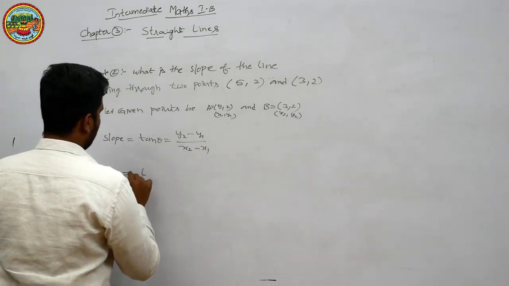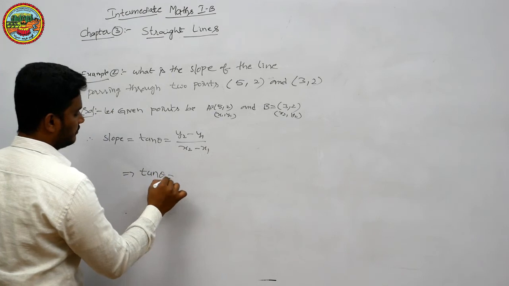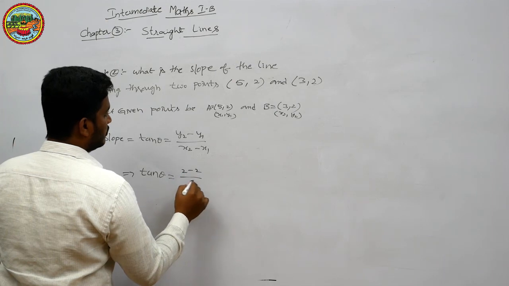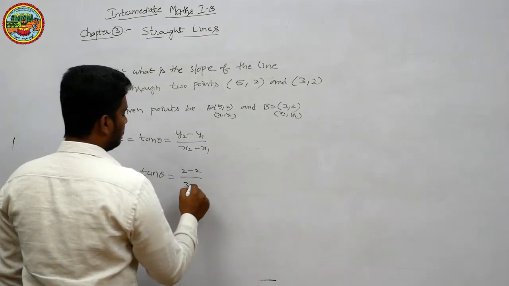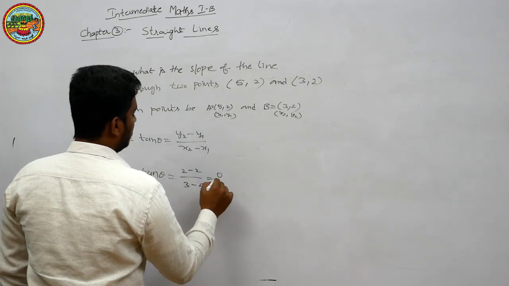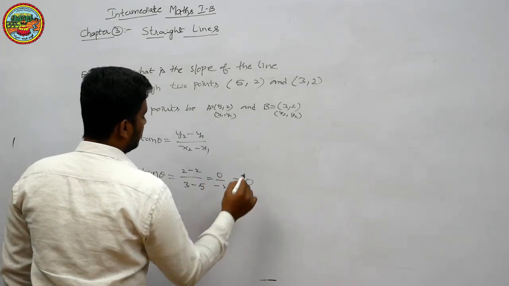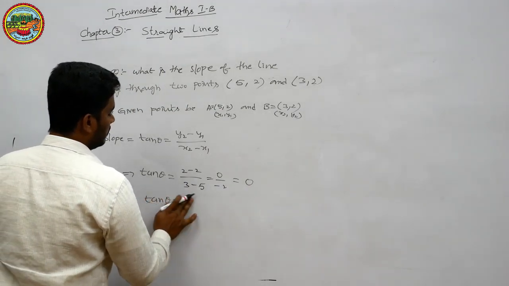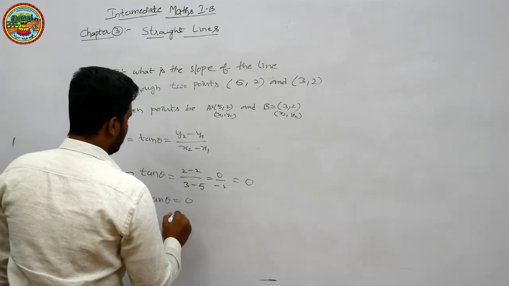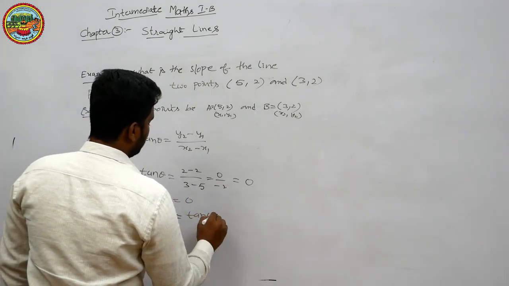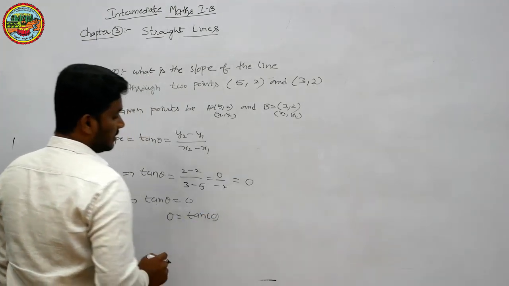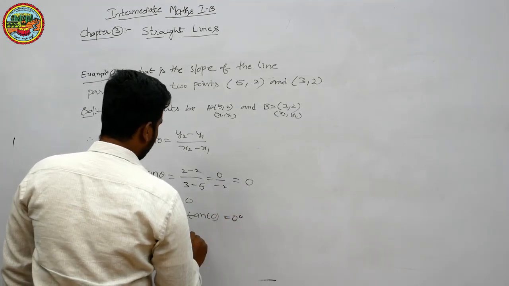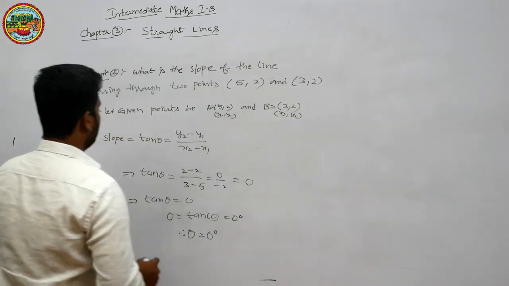So tan theta is equal to 2 minus 2 by 3 minus 5, which is equal to 0 by minus 2, that means 0. So tan theta is equal to 0, theta is equal to tan inverse 0, and tan 0 is equal to 0, so 0 degrees. Therefore theta is equal to 0 degrees, which is the slope of the given line.